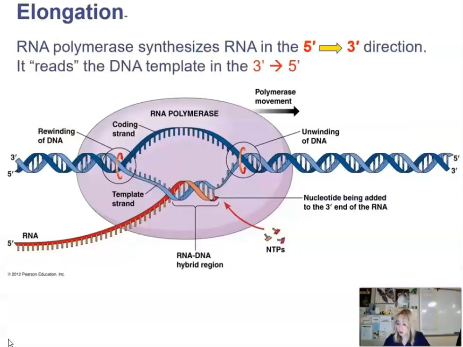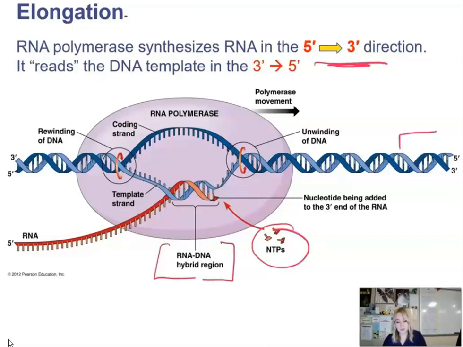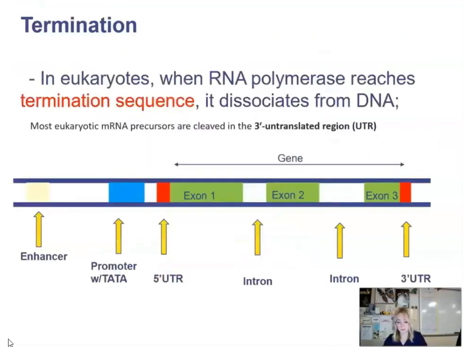During the elongation process, which happens in a 5' to 3' direction, we add the nucleotides one at a time, and a temporary RNA-DNA hybrid region forms while it's happening. And then the termination sequence is going to be somewhere right here, and then we can terminate transcription. When transcription termination happens, all the components dissociate from the DNA.